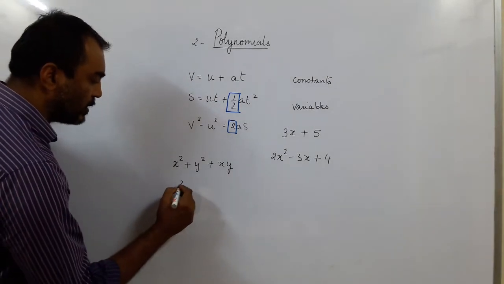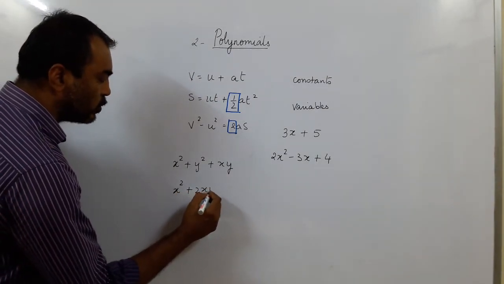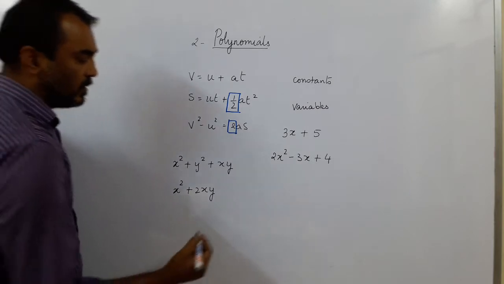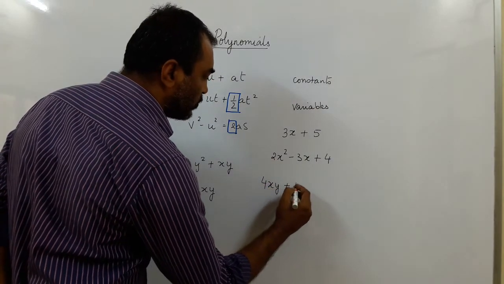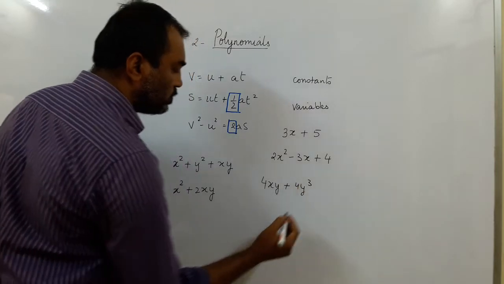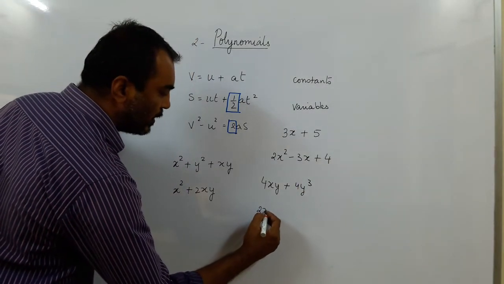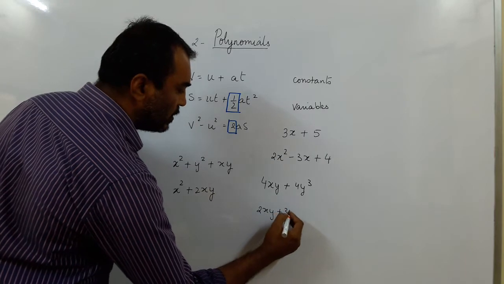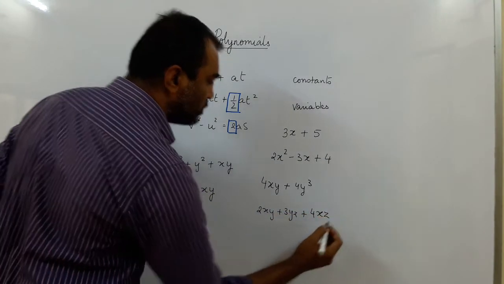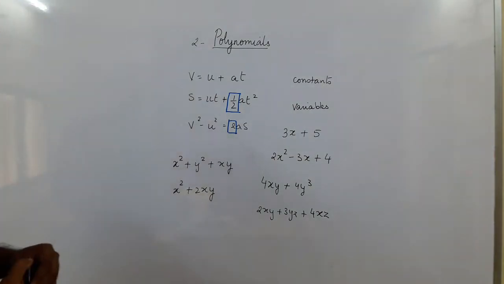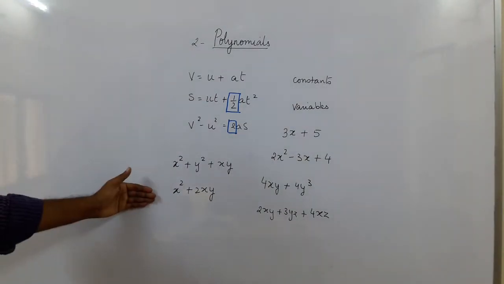Or x square plus 2xy. Or 4xy plus 4y cube. Or 2xy plus 3yz plus 4xz. So I have written some polynomials on the board.